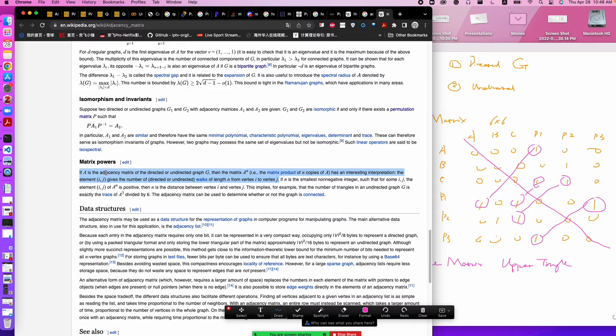If a matrix A is an adjacency matrix of the directed or undirected graph, then the matrix A^n has an interesting interpretation: the elements i and j give the number of walks of length n from vertex i to vertex j. If n is the smallest non-negative integer such that for some i and j, the element i,j of A^n is positive, then n is the distance between vertex i and j.